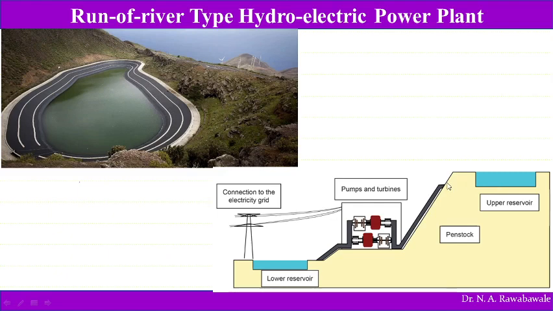Whenever we need a continuous supply of electrical energy, this water stored in the upper reservoir is passed through the turbine to produce electrical energy. So here we have a pump as well as a turbine. The pump helps us to store water at a higher level, and the turbine helps us to convert the energy of water stored in the upper reservoir into electrical energy. So this is how the pumped type of hydroelectric power plant works.